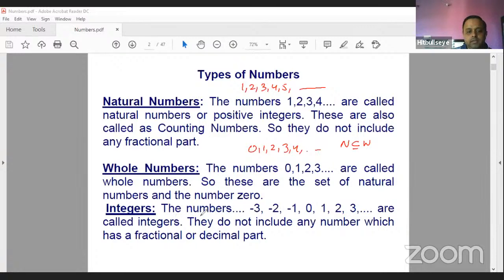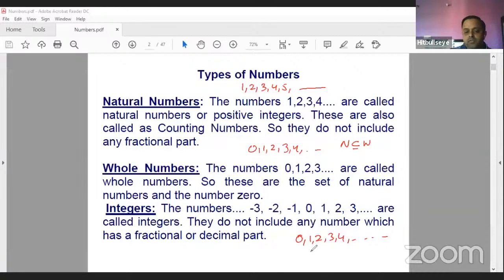Next is the integers. So what are integers? Basically, if I take the whole numbers as well as their negatives, whole numbers are 0, 1, 2, 3, 4, and up to infinity. If I take the negatives of these numbers also, obviously negative 0 does not mean anything.